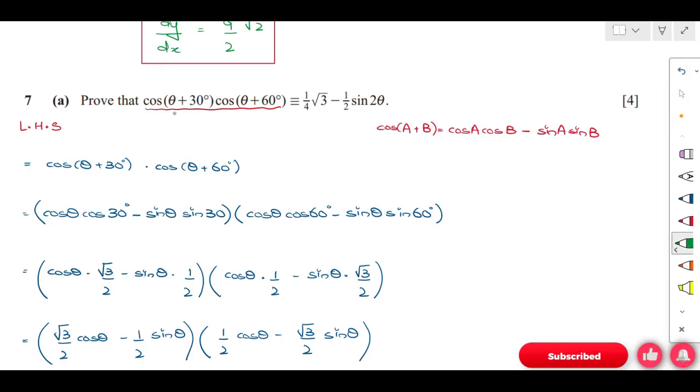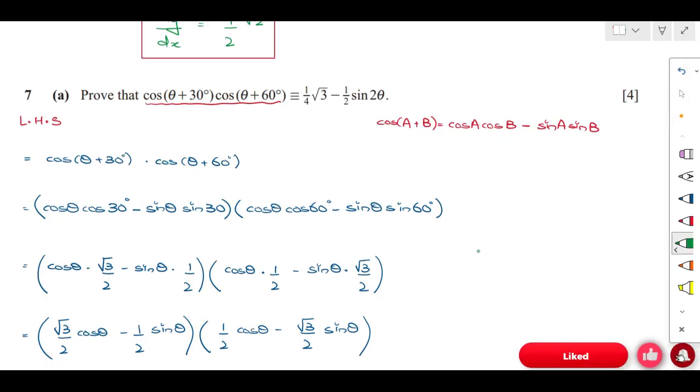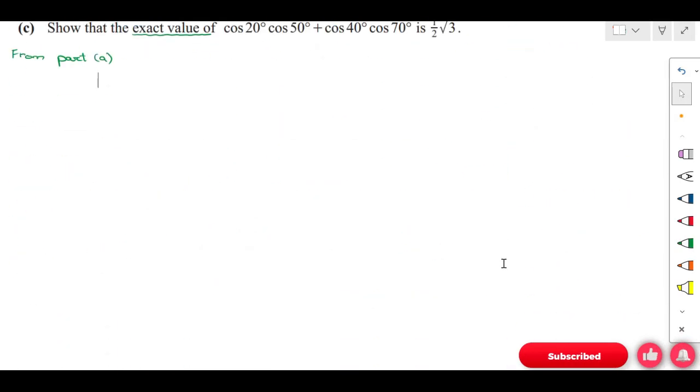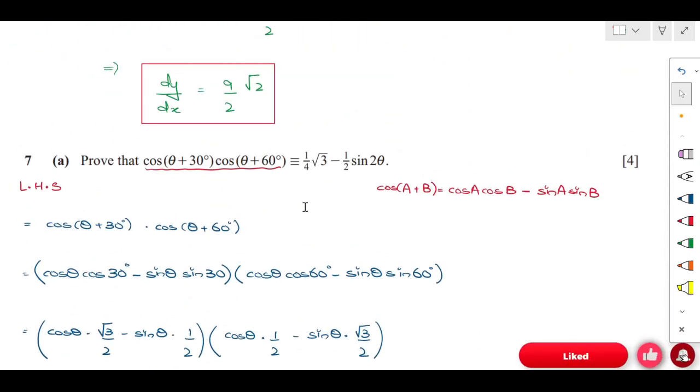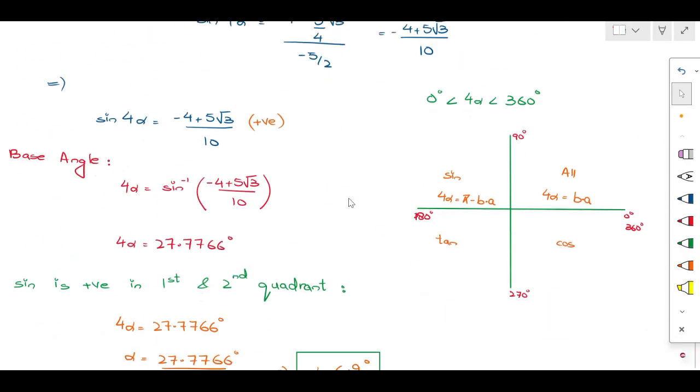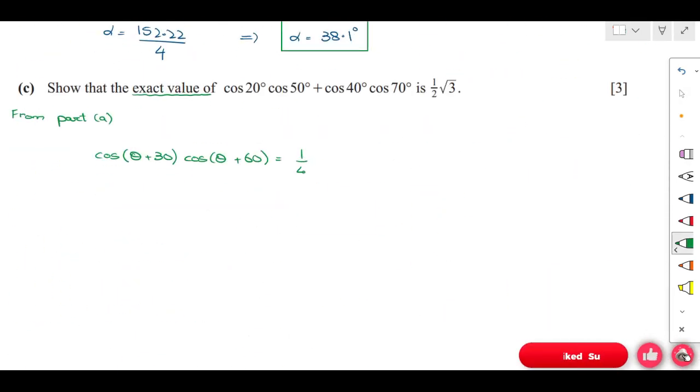So this is part B, and this is part A. Cos of theta plus 30 into cos of theta plus 60, this is always equal to 1 by 4 root 3 minus half sine 2 theta. Okay, now we have to solve this first.